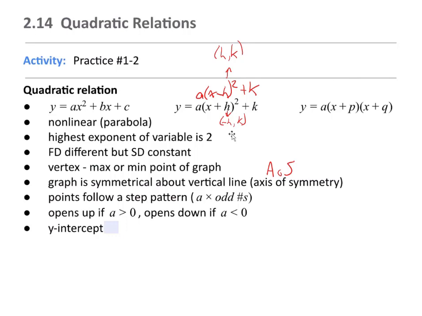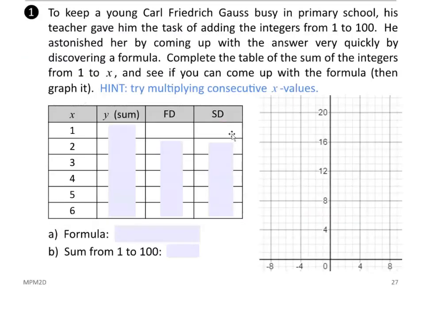And a is the same across all different representations of quadratic relations. The y-intercept is the c value of our standard form, and that's pretty much all the information we get from that. Now, you can pause this and copy it down. I'm going to move on to the next slide.